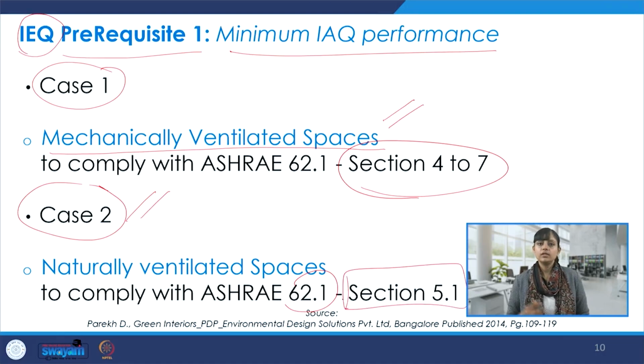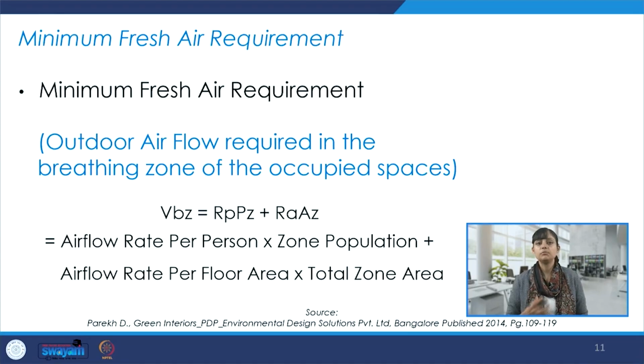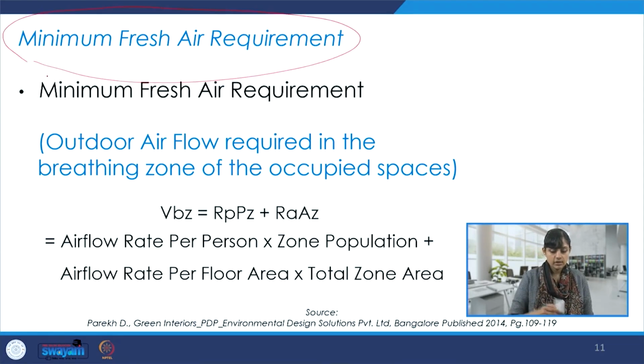So these are very important documents and references which can help us achieve green ratings for our interior spaces, and it can ensure health and well-being for the users. So when we talk about minimum fresh air requirement, ideally we are talking about outdoor airflow required in the breathing zone of the occupied spaces.